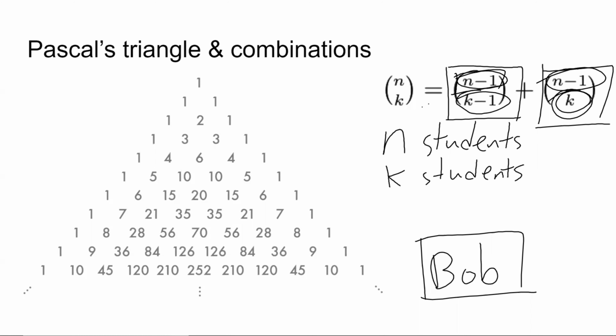So the first case is the number of ways to choose k students if Bob is part of it. And the second case is the number of ways to choose k students if Bob is not part of it. Since Bob can either be part of the group or not part of the group, together they add up to the number of ways to just choose k students from the class of n people to go to the principal's office.